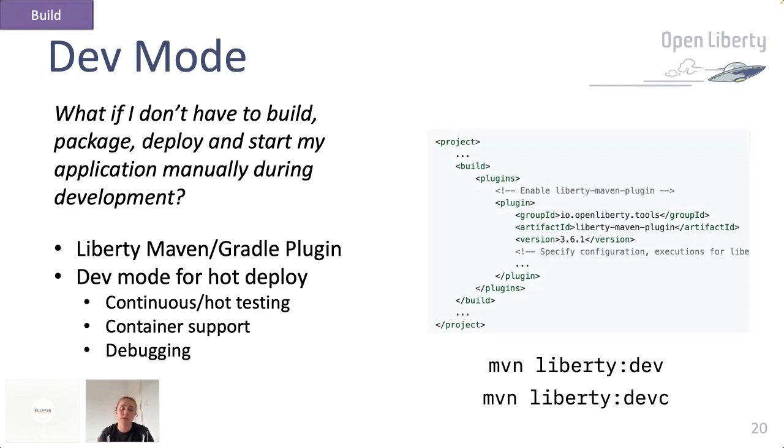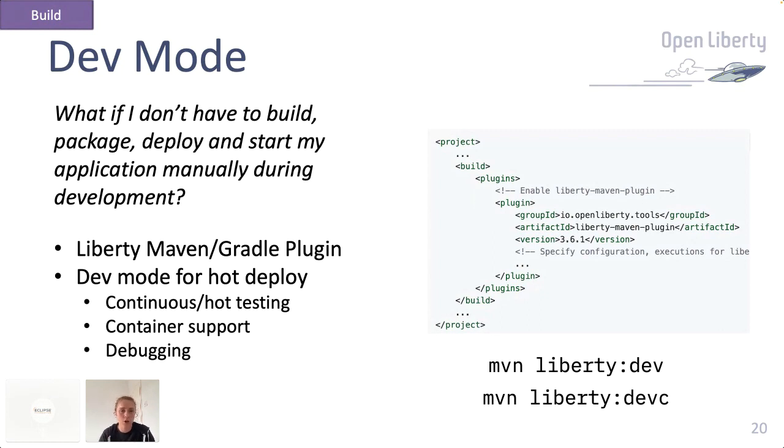And if you want to use it with container support, you'll be using Liberty Dev C. And you can see here, I've got a sample of the fact that we've included Liberty tools to be able to make use of this. It's really effective when we're looking at debugging our code effectively and being able to see those code changes as they happen. So that's the build side of things.